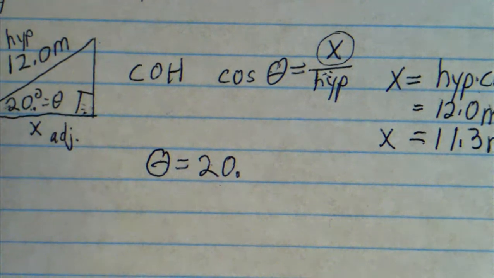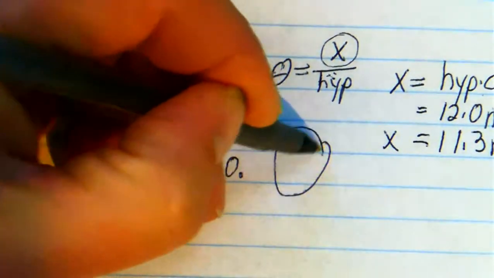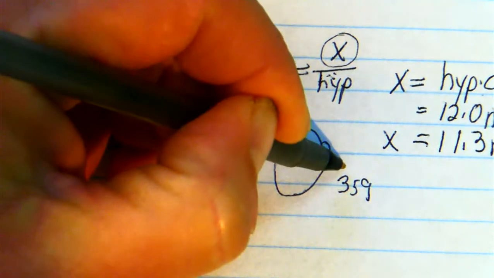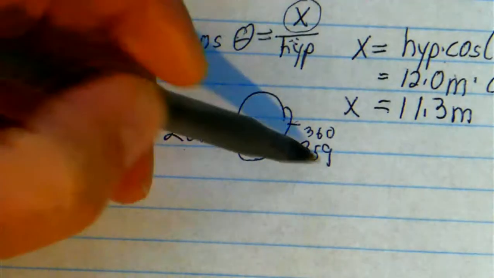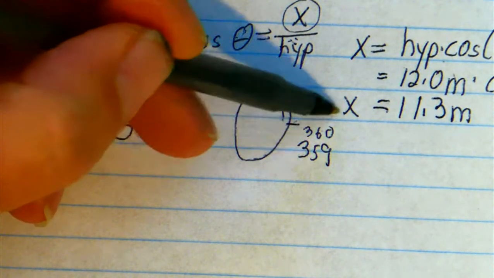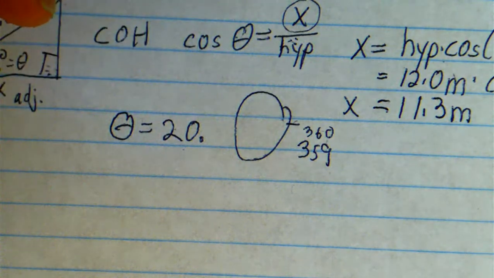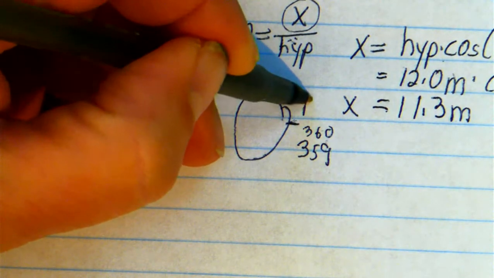Let me try suggesting, look, what is the difference between 359 degrees and 360 degrees? To 3 sig figs, that's a difference of 1 degree, right? What's the difference between 0 degrees and 1 degree?